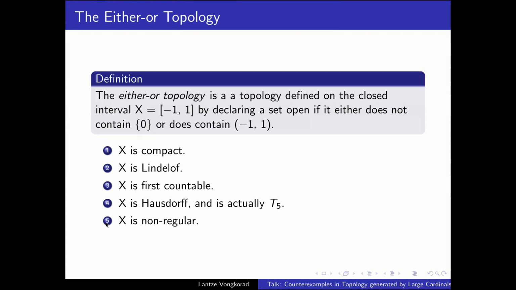One could presume that non-regularity of a topological space is one of those topological properties that continues to be preserved even under extraordinarily stronger large cardinal axioms.